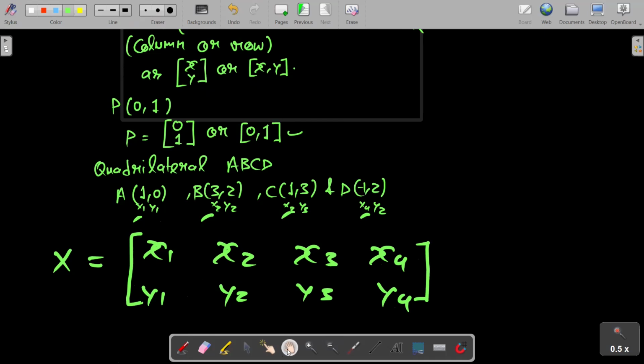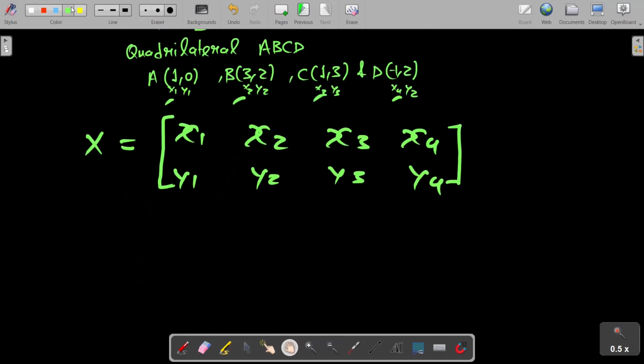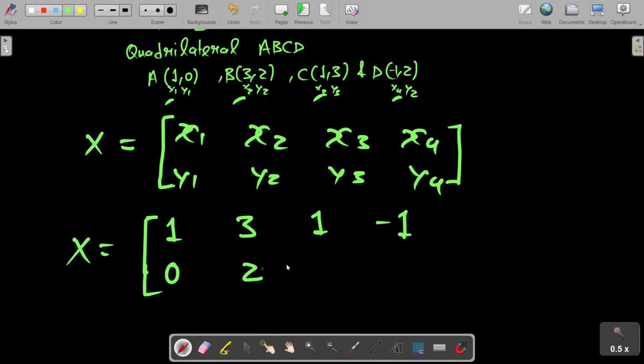So here our matrix X will become 1, 3, 1, -1 and 0, 2, 3, 2. Now, the order of the matrix is total rows are 2 and columns are 4. So it will be 2 cross 4 and total elements are 8.